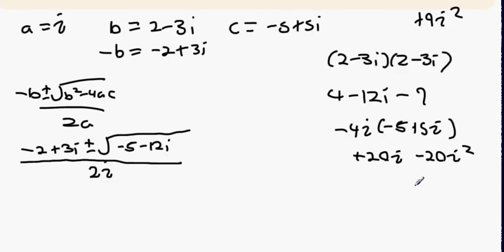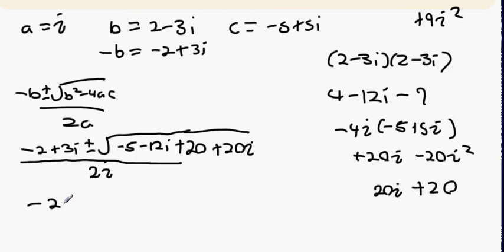And then 20i squared becomes minus 20, so minus 20i plus 20. Plus 20 plus 20i. Now, if we've done this right, what's in the square root sign usually resembles part 1. So it's going to be 15 plus 8i.